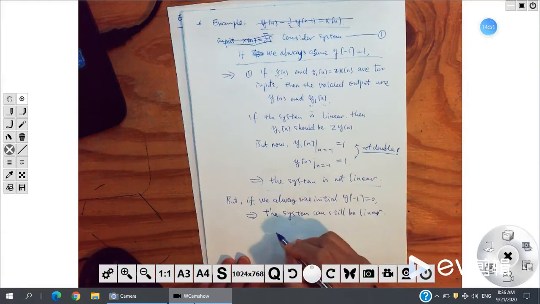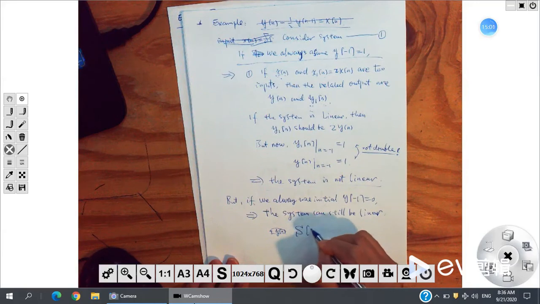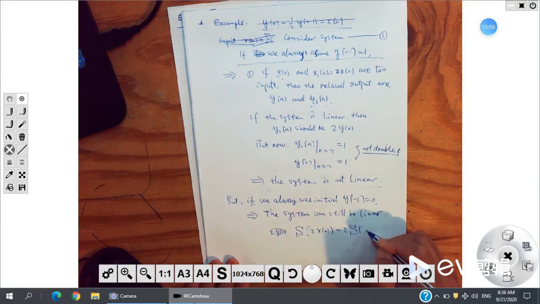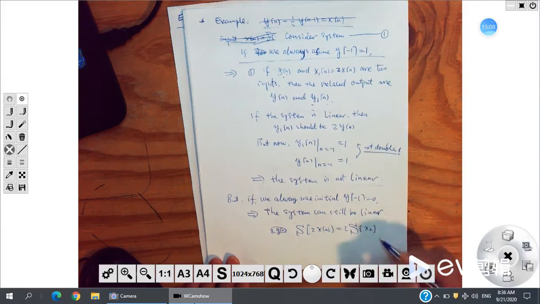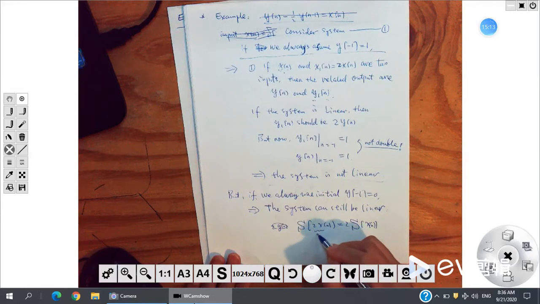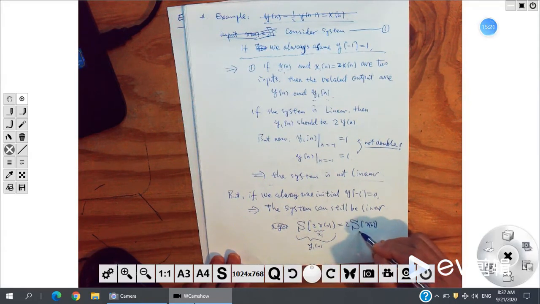You will satisfy that the system response to 2x[n] equals 2 times the response to x[n]. This is x1, and the output of x1 is y1, and this is x[n], and output is y[n]. Right? 2y[n] equal to y1.